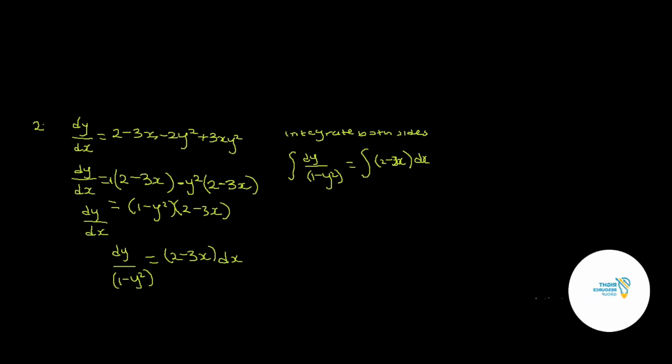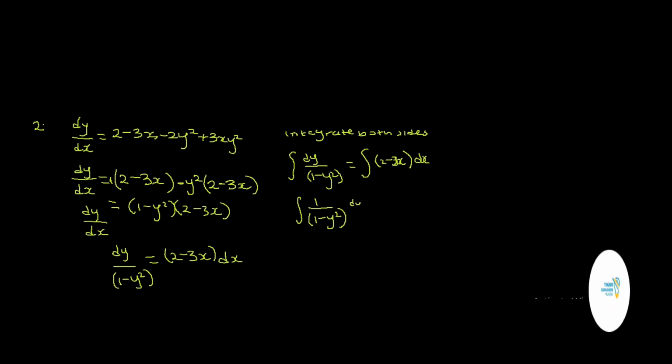Now I'm glad we have done integration. We've treated it. Let me write this in a simpler way so that we'll get the idea. This can also be written as the integral of 1 over 1 minus y squared dy. I'm just trying to remove the dy from there and put it outside to make it easier to understand.